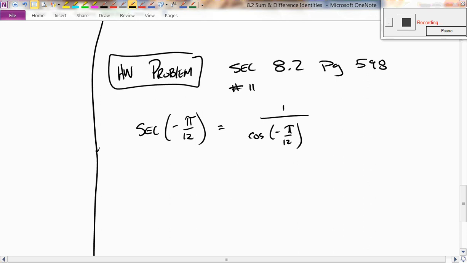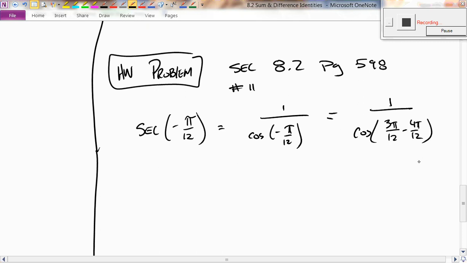All right, so how can we break up negative pi over 12? How about 3 pi over 12 minus 4 pi over 12?